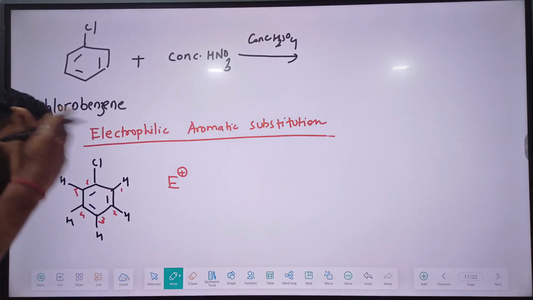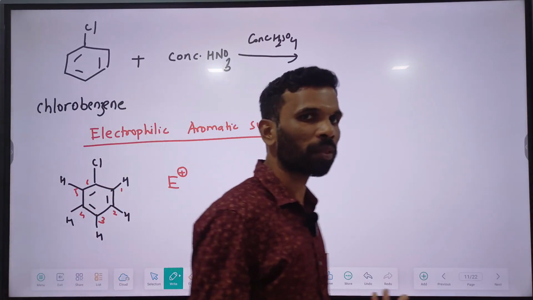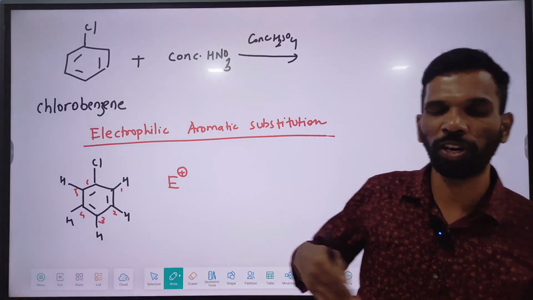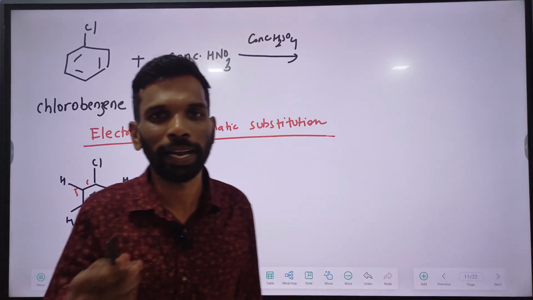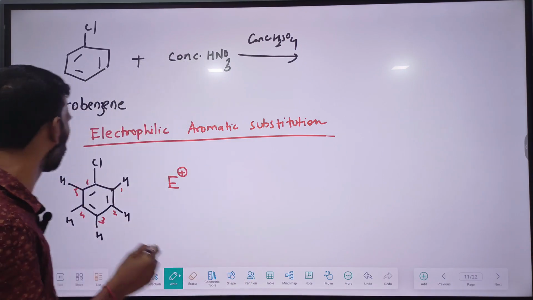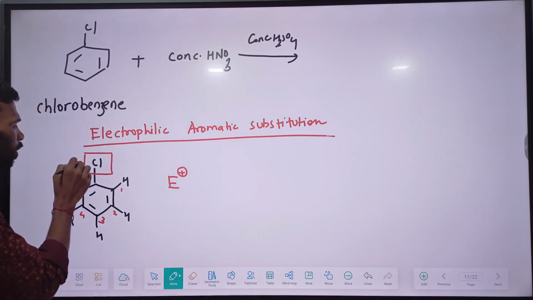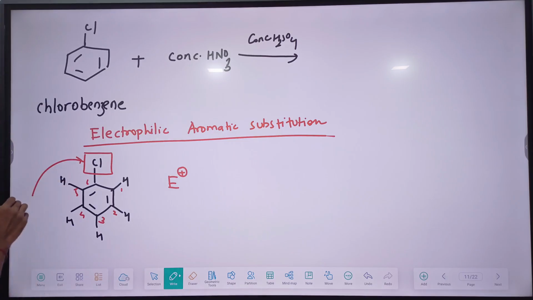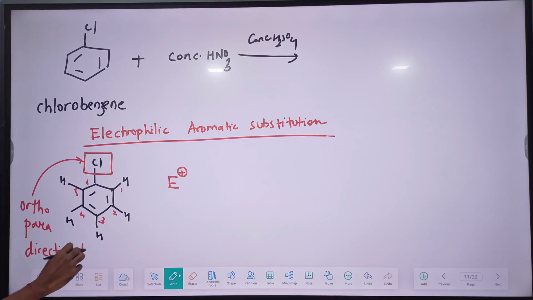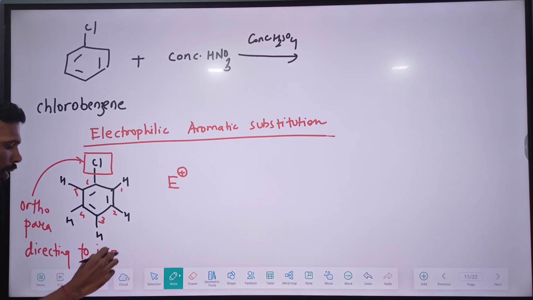Try to recollect GOC, General Organic Chemistry, where we understood the directive influence of substituents on a group. So this chlorine is known as an ortho-para-directing group to the incoming electrophile.